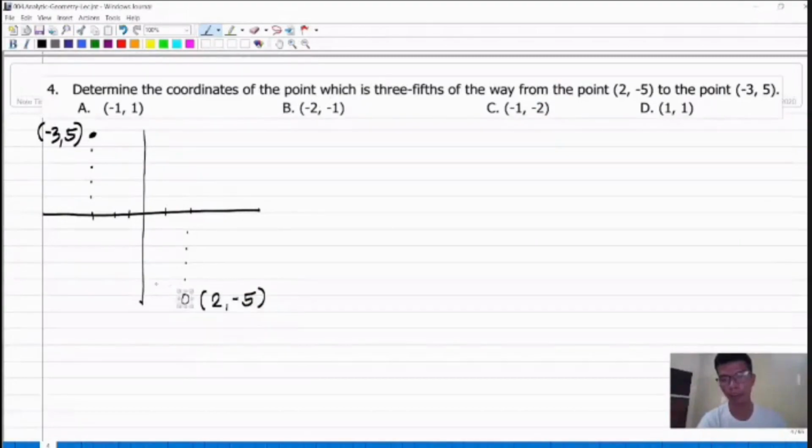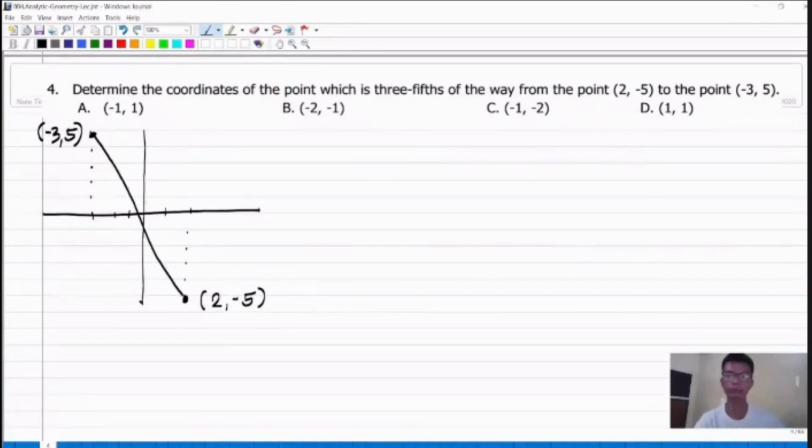Kaya assume na lang natin perfect ang line. And meron daw point yan sa pagitan ng dalawang endpoints. And yung point na yun is 3/5 of the way ng ating line segment.